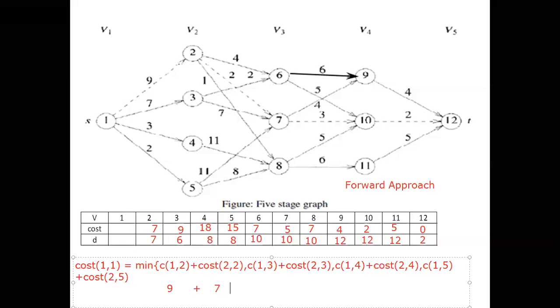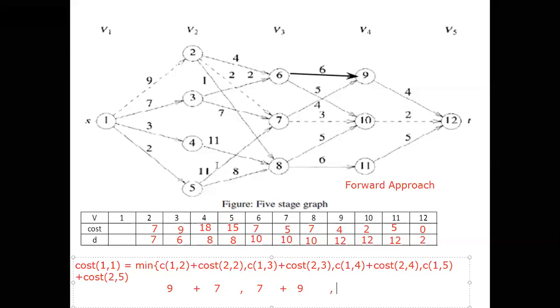Next is C13, comma, I forgot comma. C13 is again 7 plus cost of 2, which means stage 3 we have to search. 3 is 9. Again the same value. Here 9 plus 7, here 7 plus 9. Same, it is 16.